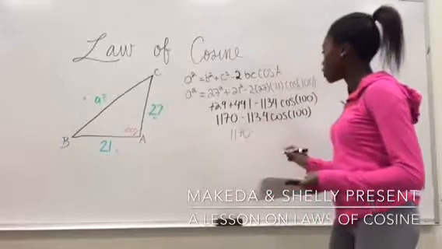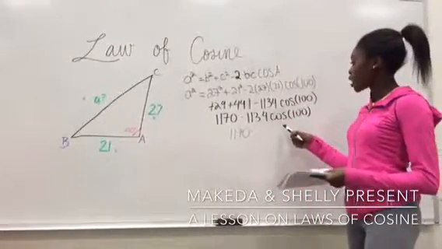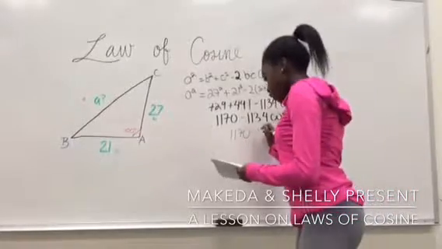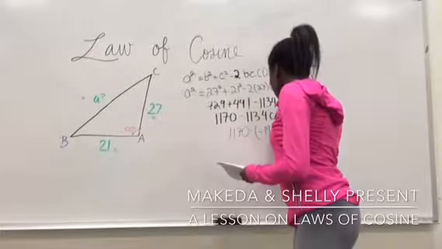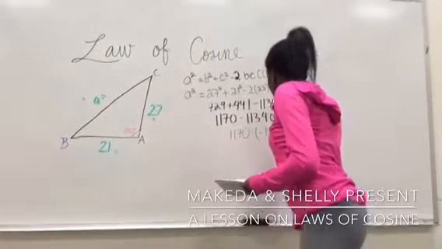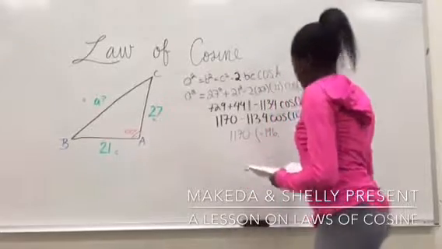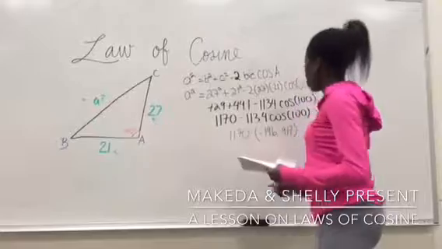Following PEMDAS, you multiply 1,134 times the cosine of 100, and you get negative 196.917.